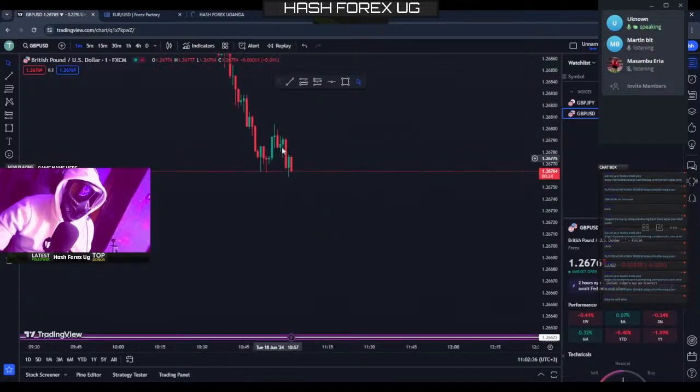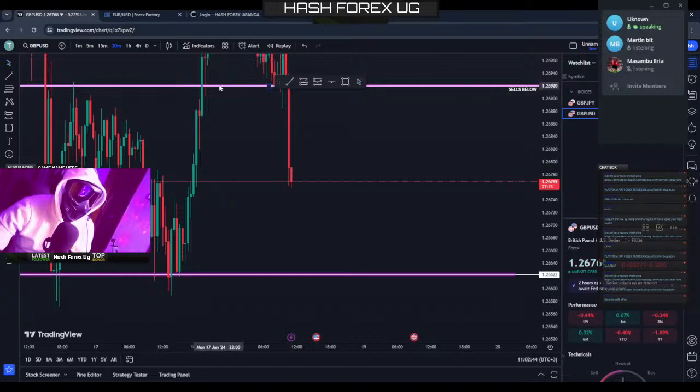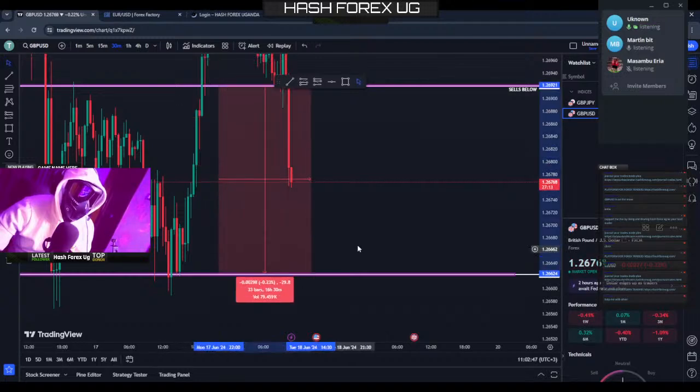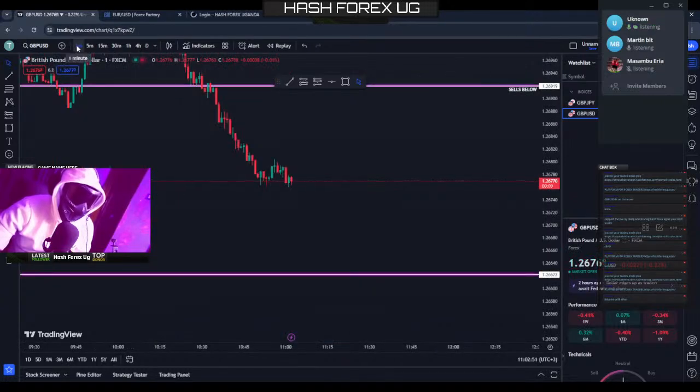Even if you get 10 pips on this trade, it's okay, because we had a very beautiful range of like 30 pips. Even if we get 10 pips, that is good.